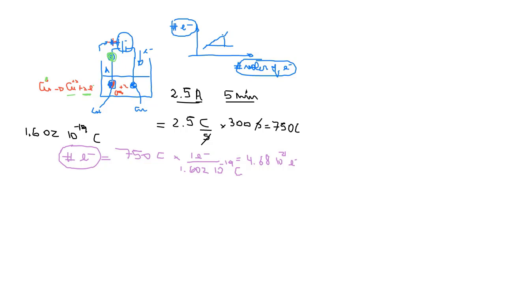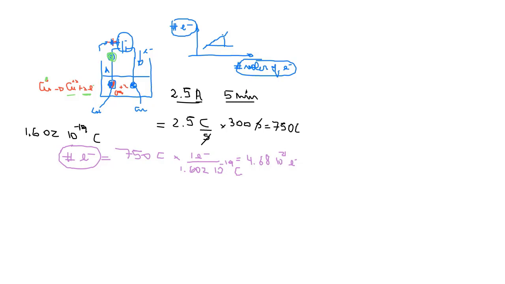So first, I multiply the current by the time, and then I divide by the charge of one electron.